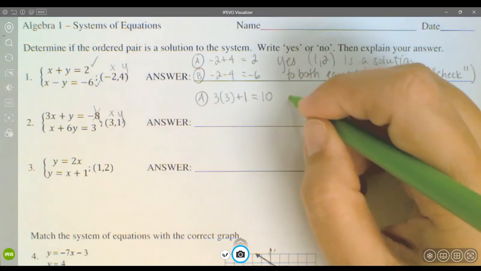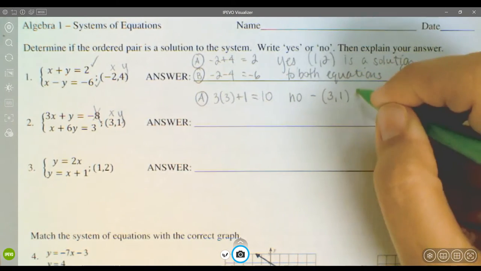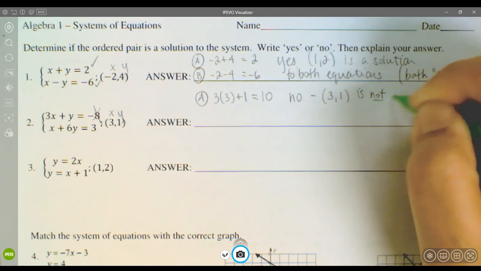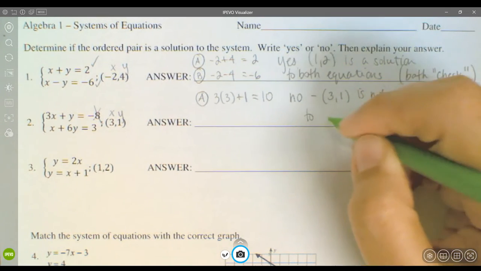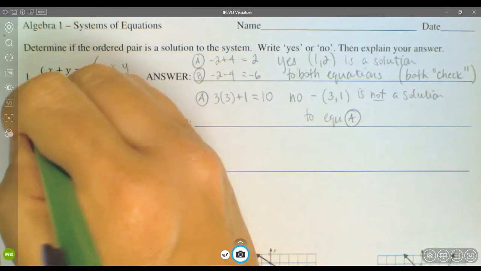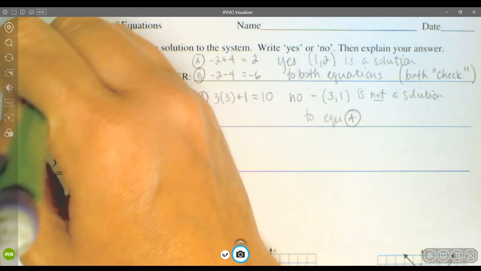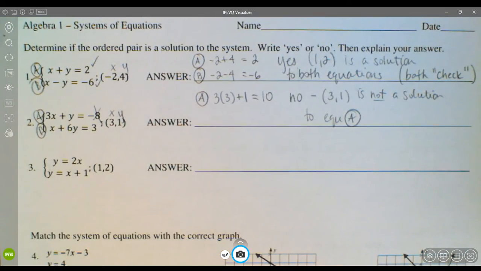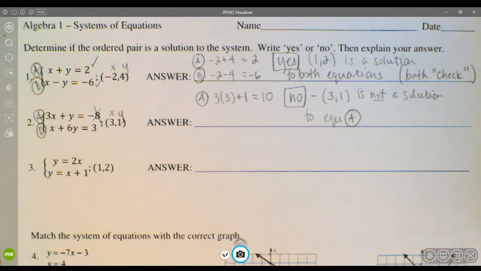No. So this one is a no, because 3, 1 is not a solution to equation A. I guess I should label it equation A if I'm going to call it equation A. Okay? So far we have a yes, we have a no.